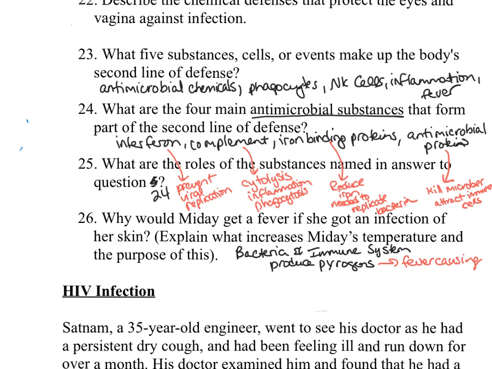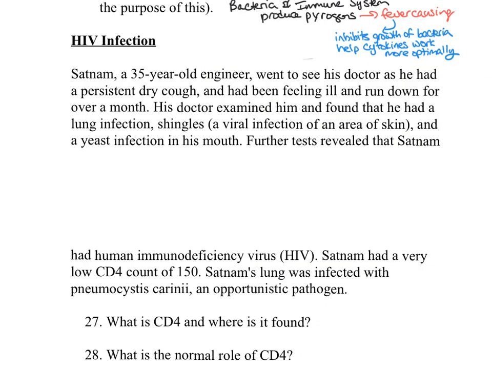Pyrogens alter the set point temperature of the hypothalamus, causes blood vessels to contract, a person starts to shiver, and increase their metabolism, which increases heat. The fever that results acts to inhibit the microbial growth and help the immune system components, such as interferons, work more optimally. Our next case study is HIV infection.